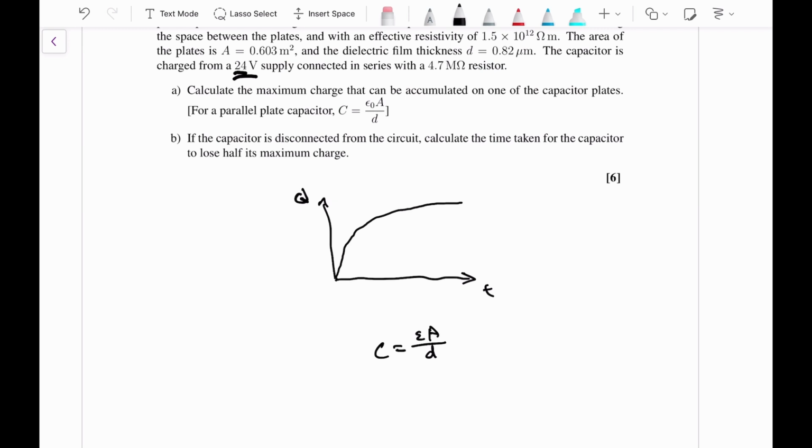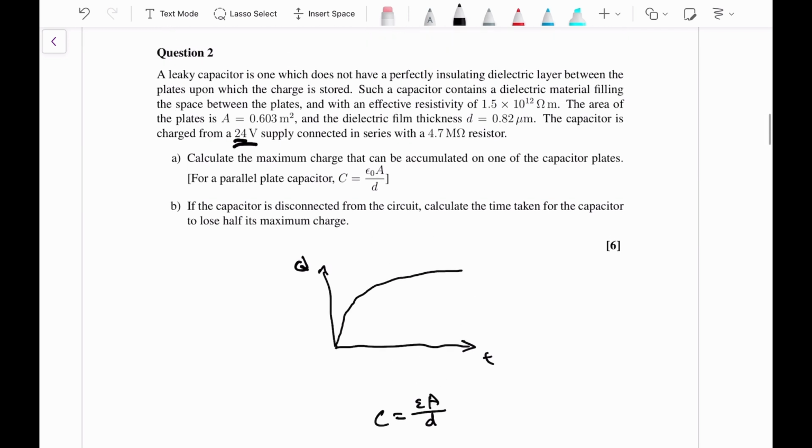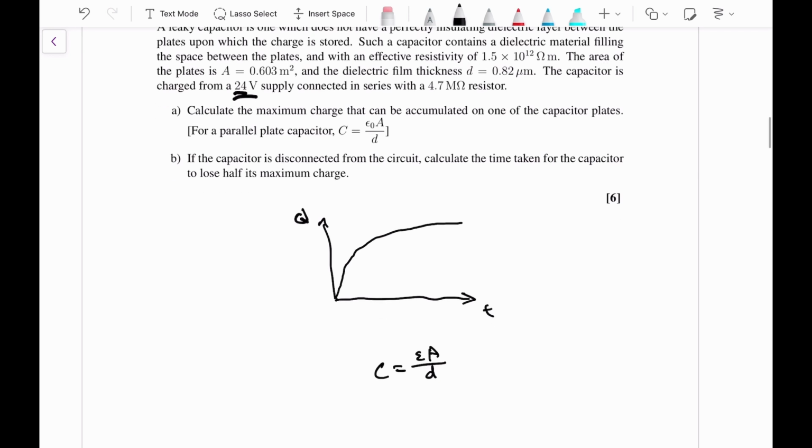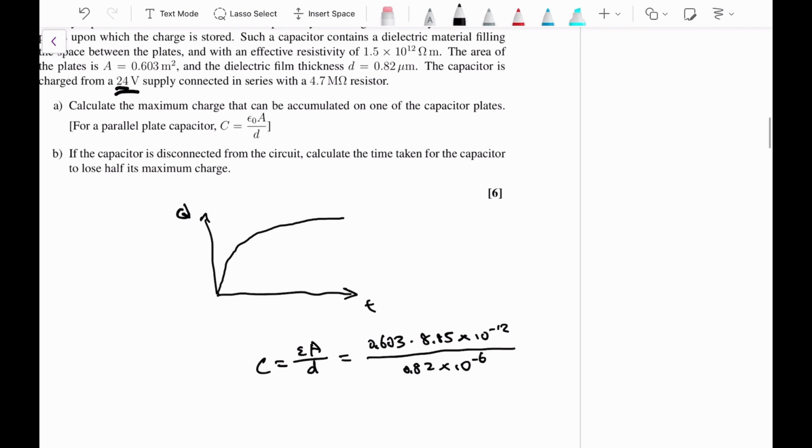In the question, the area is given as 0.603, epsilon, the permittivity of free space, is 8.85 times 10 to the power of negative 12, over the distance, given as 0.8 micrometers, so times 10 to the power of minus 6.